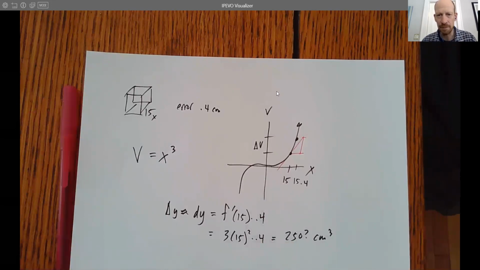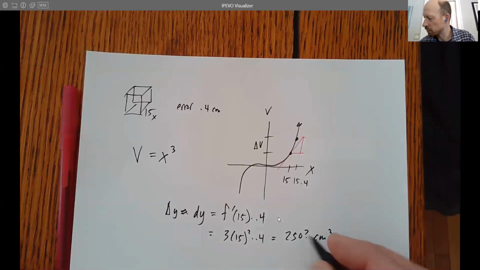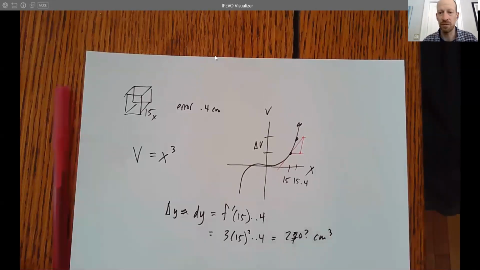But the question is, is that actually a big value? And it sort of depends. Oh, someone says 270, I believe you, that seems reasonable. I trust you more than my mental calculator. And to me, 270 cubic centimeters seems like a lot. But that's like asking the question, is $1,000 a lot of money?